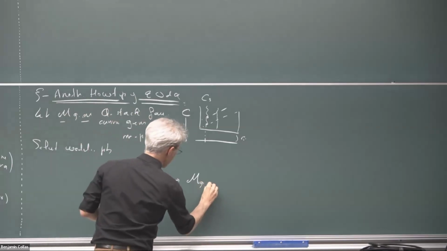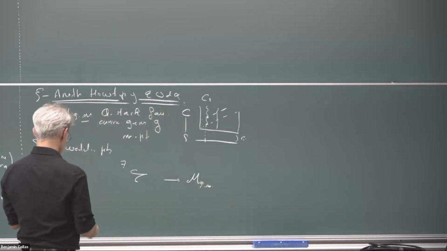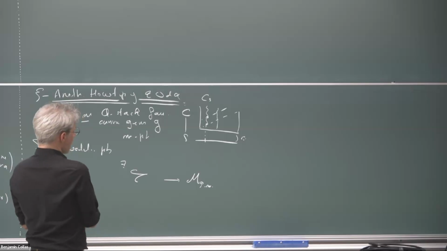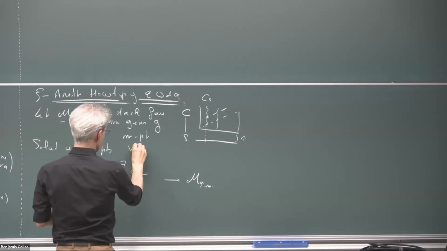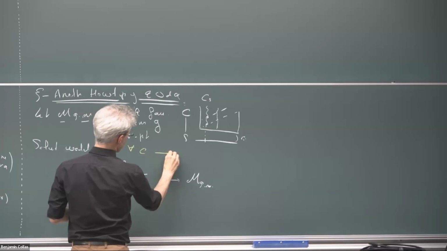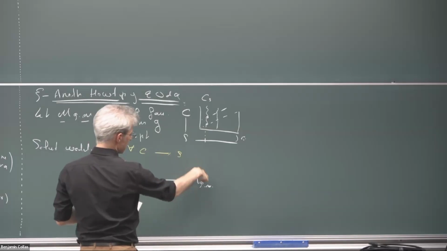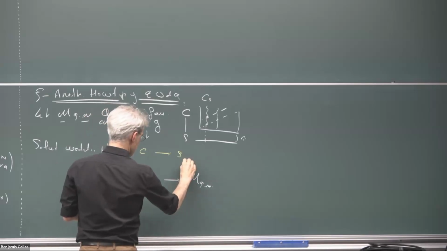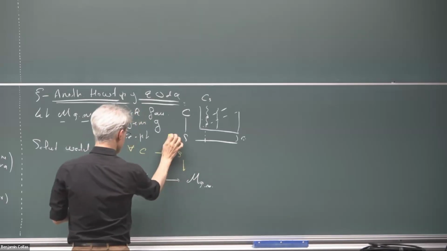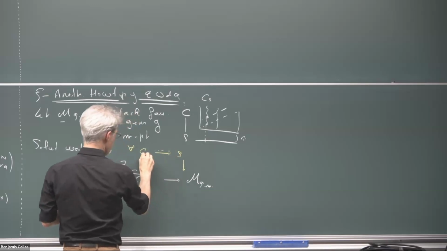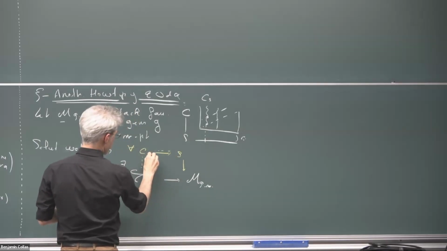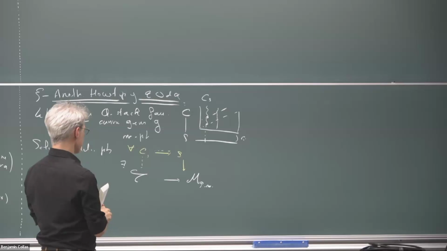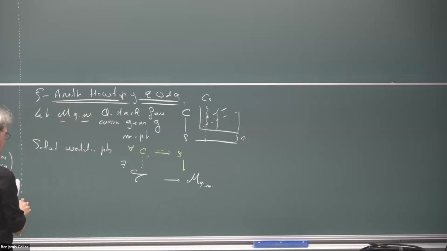What does it mean for this to be universal? It means that every time you have a curve C over S, which is a (g,m) curve in this space, which means that you have a morphism like this, then this curve can be realized as a fiber product over this universal curve, isomorphically. Okay?